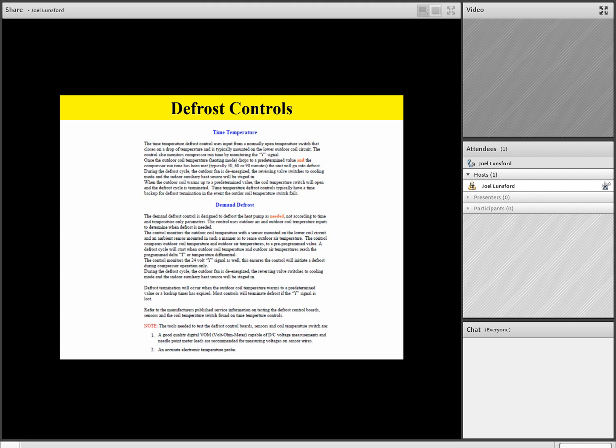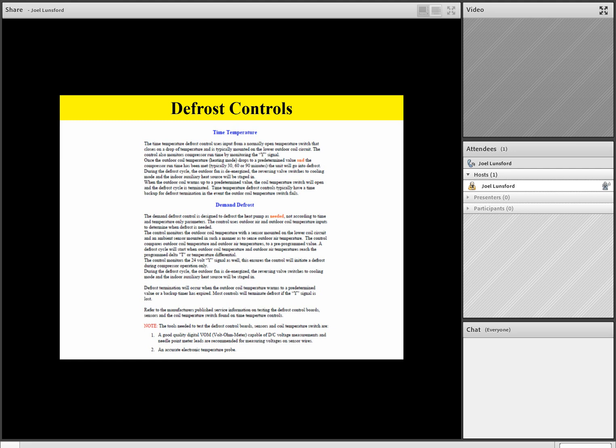It should be noted the compressor runtime after that switch closes will be accumulated compressor runtime. That is field selectable, typically 30, 60, or 90 minutes. The technician will be able to select how much compressor runtime after that switch closes before defrost. Once that switch closes electrically and the accumulated compressor runtime has expired, the unit will go into defrost.